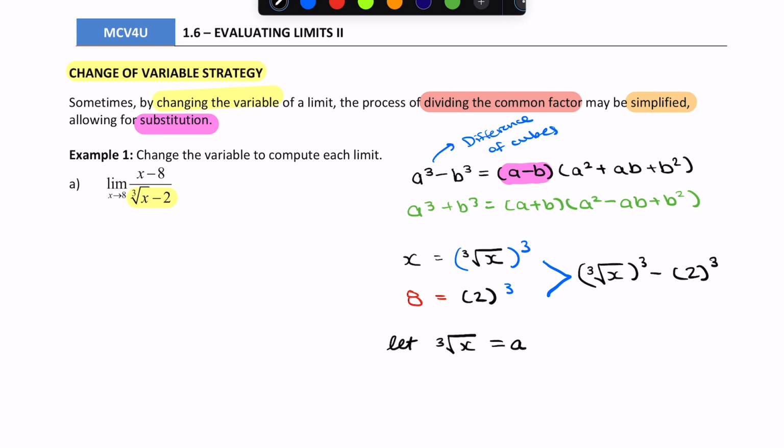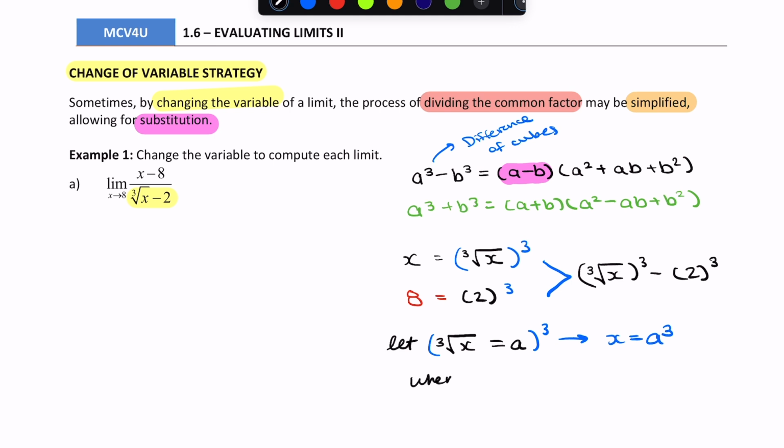To get x by itself, we can cube everything. So here, x is equal to a to the power of 3. And we see that x approaches the value of 8, so let's sub that in.